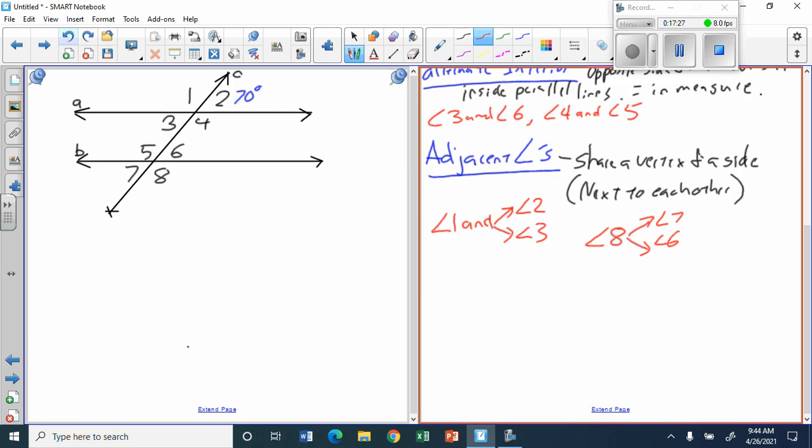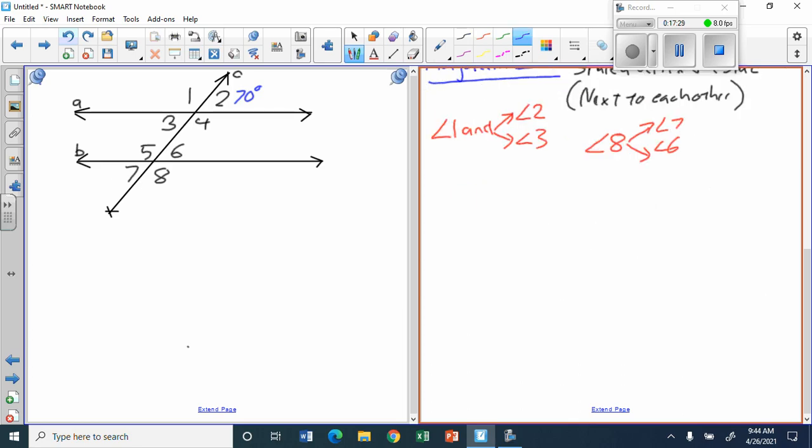And we'll do one more. Vertical angles. Again, not in your book this year, were in your book last year. Vertical angles share a vertex. They have the same measure.